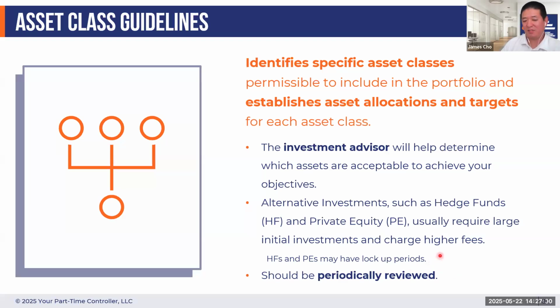That basically means you cannot join a fund in month one and in month two ask for your money back. It's usually a 1 year or 2 year lockup period before you can have your funds returned. You also want to periodically review your asset classes, because as your objectives change, whether you want higher returns or lower returns, that will dictate what asset classes you should be investing in.